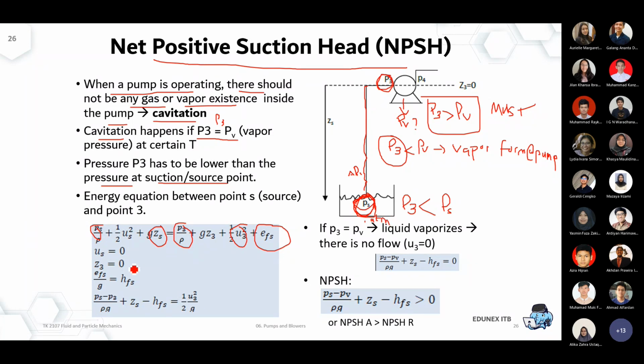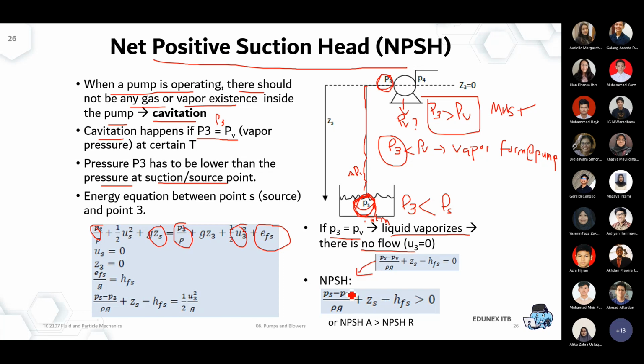Using the simplification, the important part here is to calculate what P3 is. The exact point where the liquid starts to vaporize is when P3 is the same as PV. When you solve the equation, it will form the NPSH calculation.